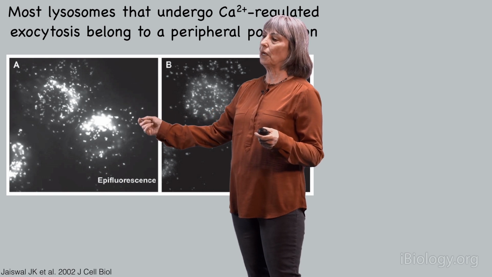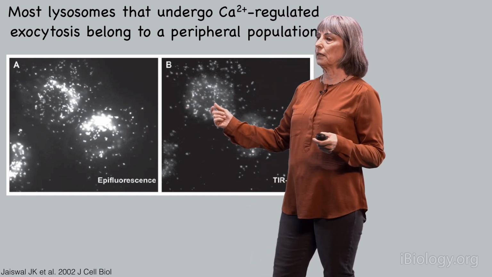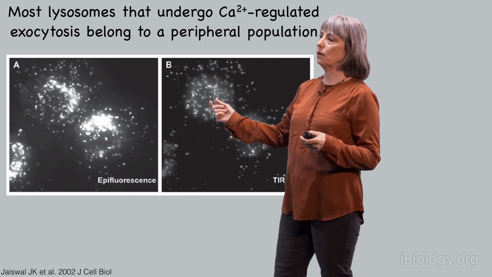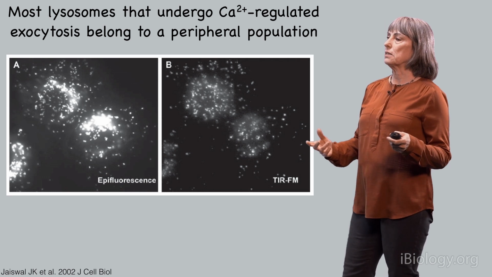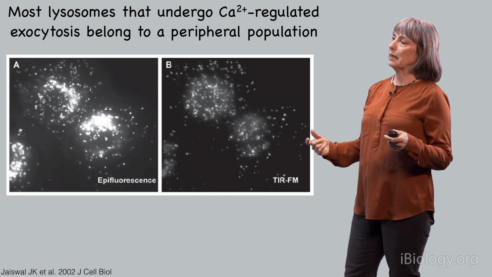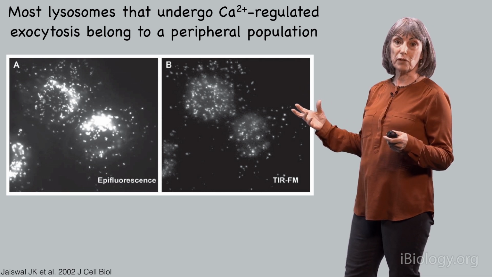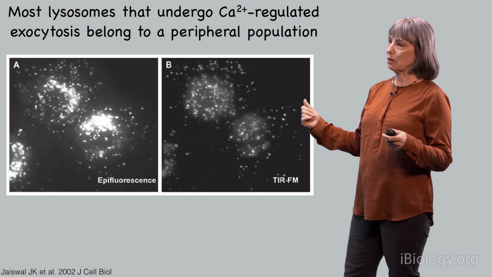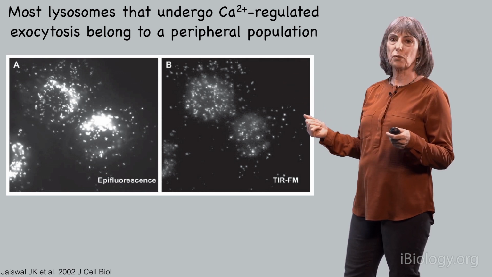And this is really very well known, due to movement of lysosomes back into the center of the cell on microtubules. But what this TIRF microscopy technique allowed us to see is that cells also have a peripheral population of lysosomes that is already sitting close to the plasma membrane, ideally positioned to respond to elevations in calcium with exocytosis.